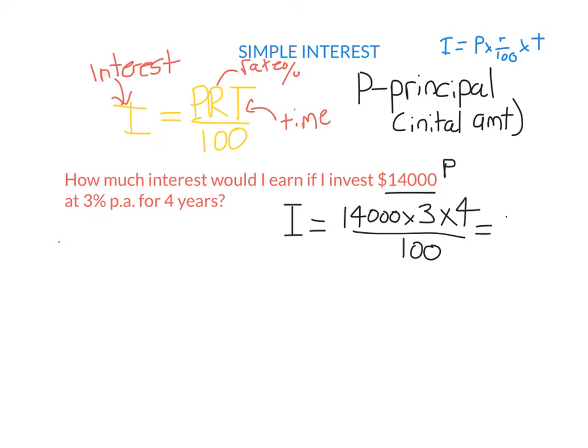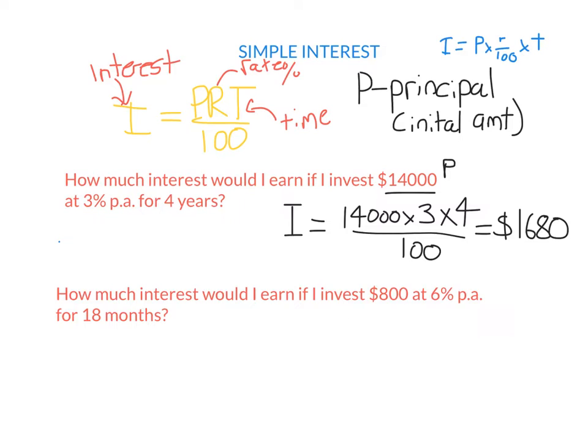And I should get 1680. So what that means is, if this person invested $14,000, after 4 years they'd have an additional $1,680.